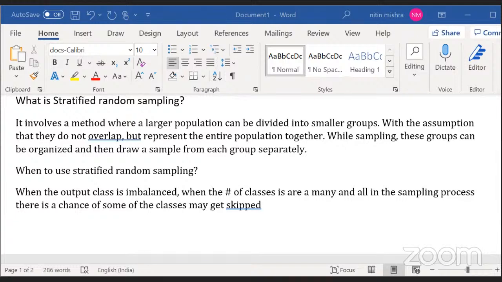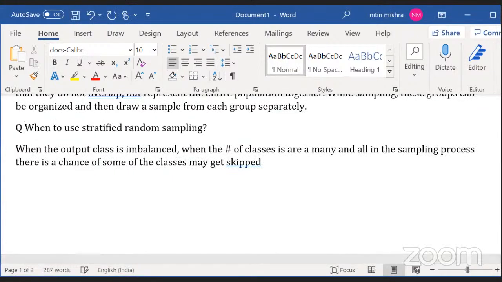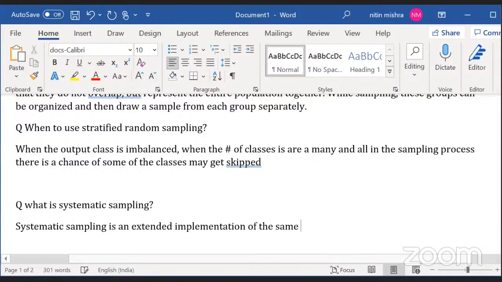Okay, so continuing our discussion with reference to sampling, what is systematic sampling? Systematic sampling is an extended implementation of the same technique of probability sampling.